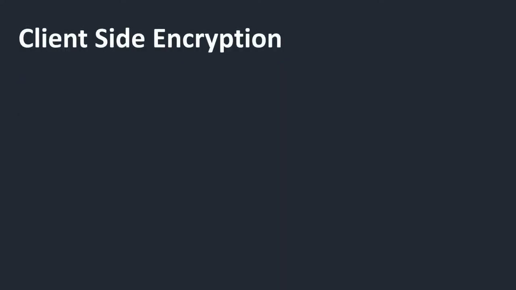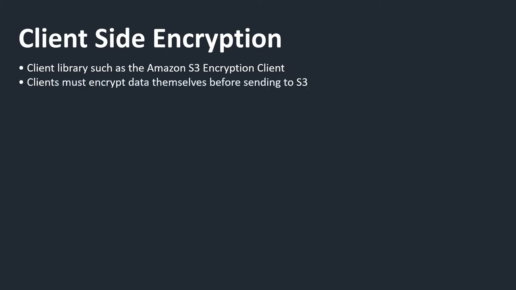Okay, and then finally client-side encryption. This is when you encrypt the file, encrypt the object, before uploading it into Amazon S3. Some client libraries can help you do this. For example, the Amazon S3 Encryption Client is a way to perform that client-side encryption. As I said, clients must encrypt data before sending it to S3.